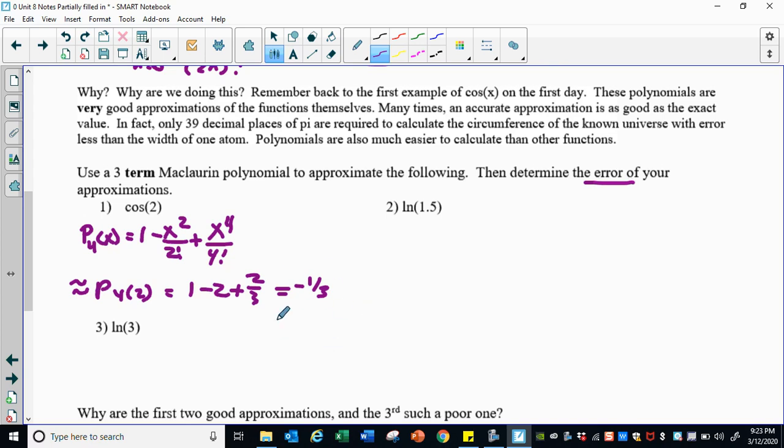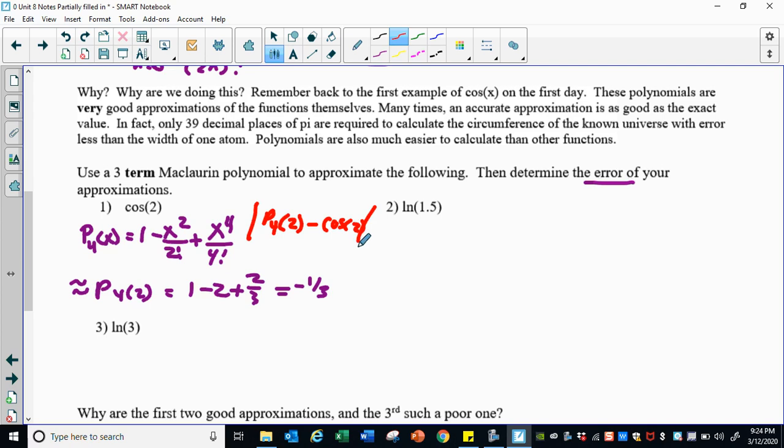Which is actually pretty cool, because if I just asked everybody in class what's cosine of 2, nobody really has an idea, but now we can at least get a number. We're not really sure how accurate it is yet, but we're about to find out. If I wanted to figure out how far this was from the actual value, since I have a calculator, I'd take p sub 4 of 2, subtract cosine of 2, and then take the absolute value.